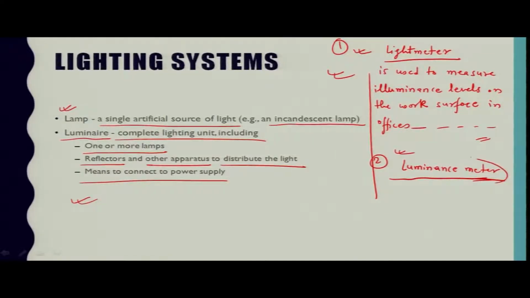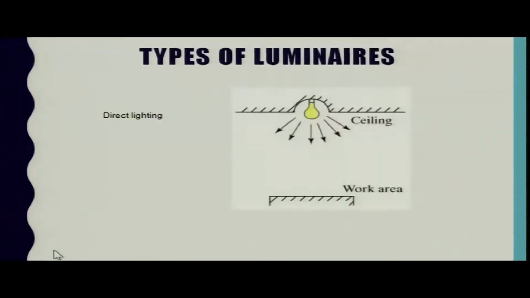This luminance meter is probably not necessary for basic ergonomic lighting surveys. However, retinal adaptation often depends on the luminance of objects in the visual field. So this was all about the tools used in this field.